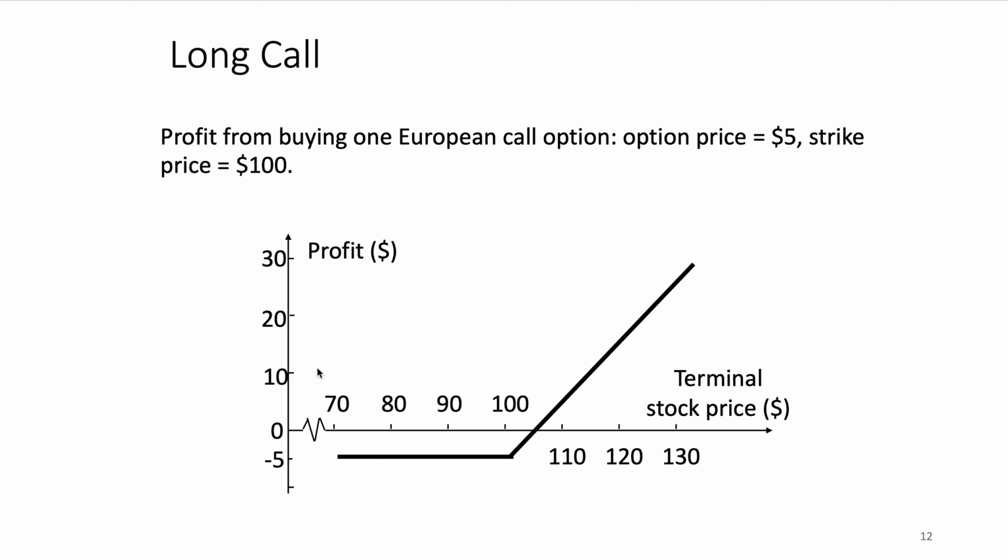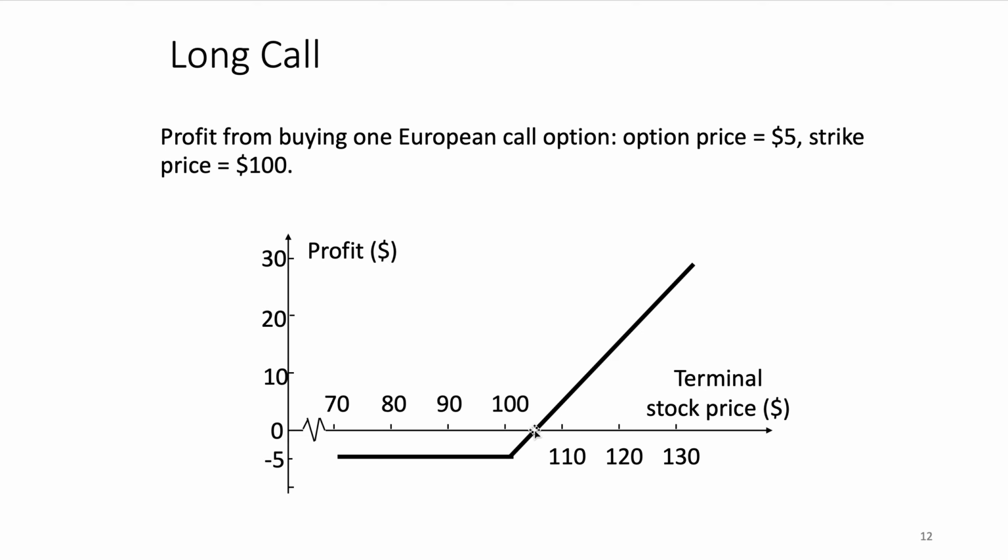You have a gain there. If it's 130, you're always going up. Now this one shows you the net, included the premium, as a payoff. So where's the break-even point?